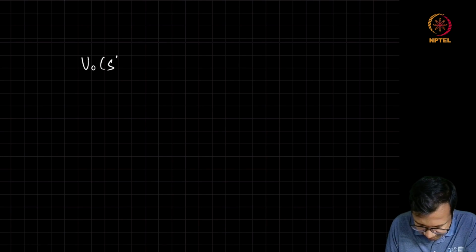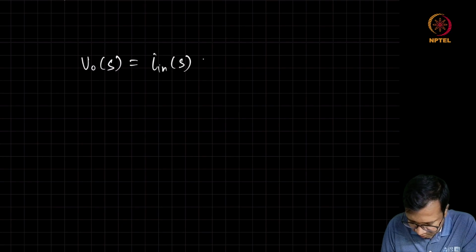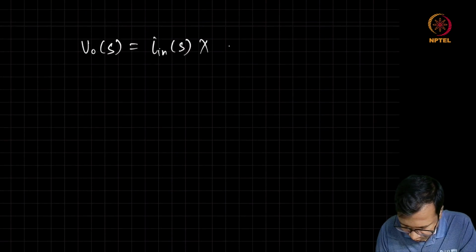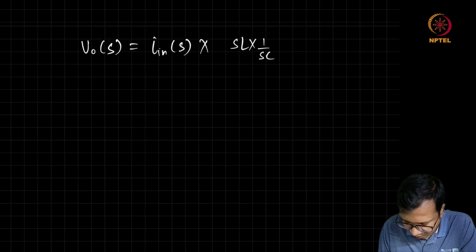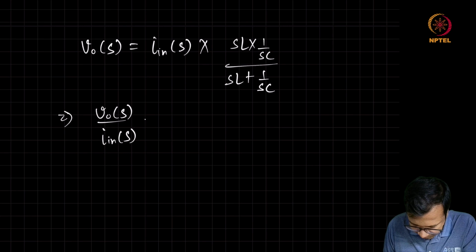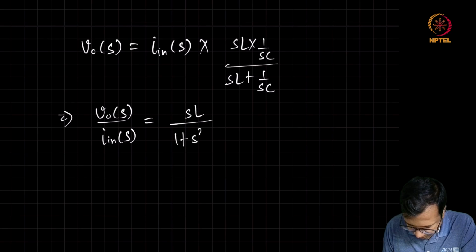So this V naught of S is going to be equal to I in of S into this parallel impedance of L and C, which is equal to SL into 1 by SC divided by SL plus 1 by SC. So it implies the transfer function V naught by I in is going to be equal to SL divided by 1 plus S square LC.